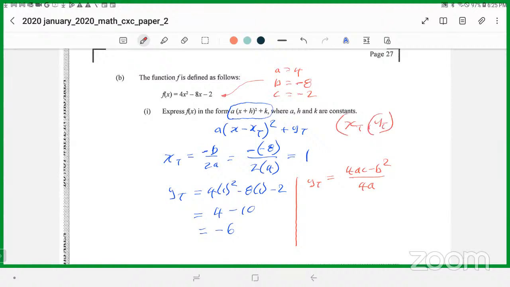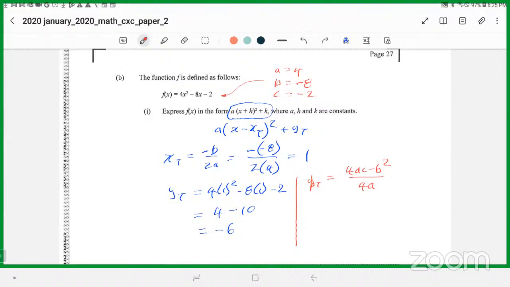So yt is the y value when the x value is xt. That's why you can substitute the xt value in the original function. But this is the other way to do it, and some teachers teach k as this formula. It's the same thing.